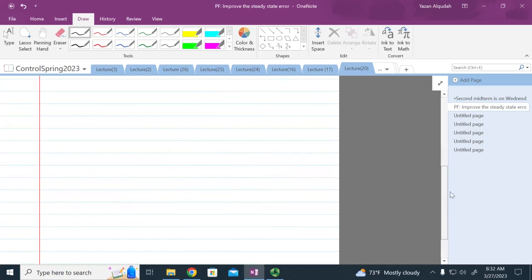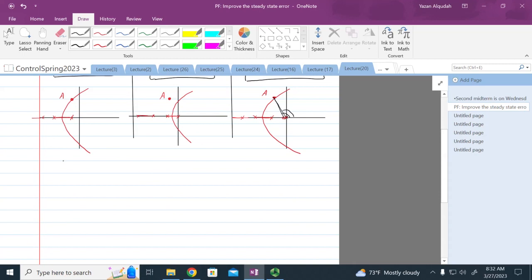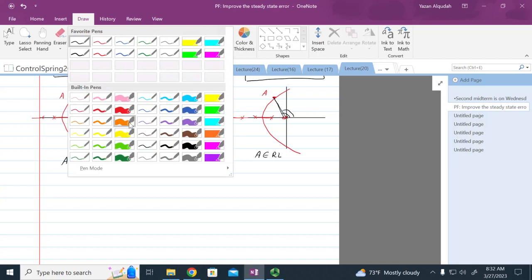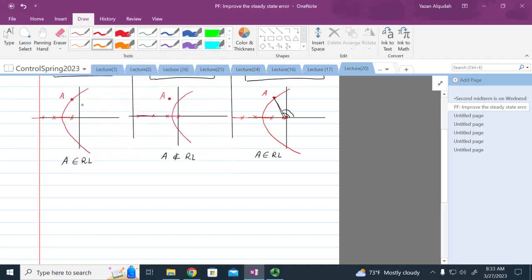Okay. So therefore, we can say A in this case belongs to the root locus. A does not belong to the root locus. A belongs again to the root locus. And to be more accurate, we're going to mark A as a bigger region.